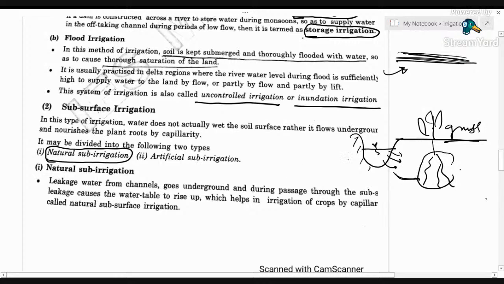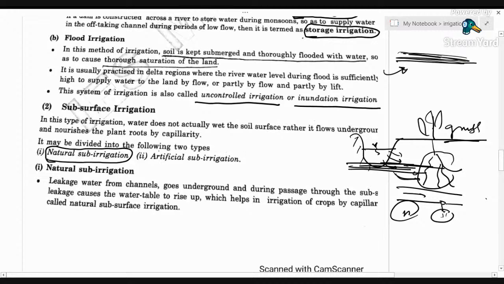Artificial irrigation means we are laying some pipes of very thin diameter, and in this pipe some perforated holes are there. The water flows through these holes and falls like drops directly onto the plant root. So we can avoid these losses, and the application efficiency of the water increases in the case of artificial subsurface irrigation.